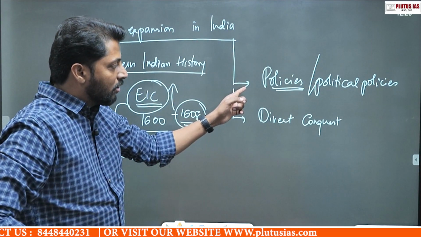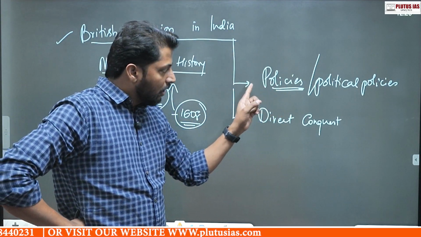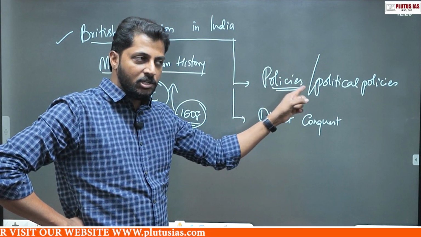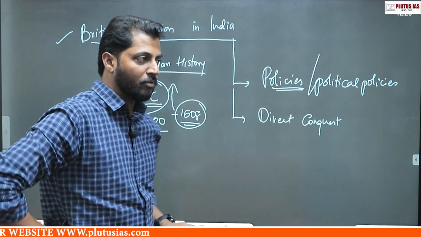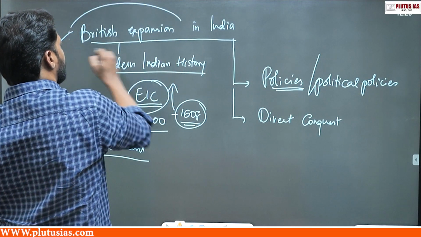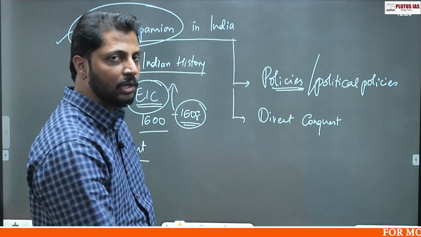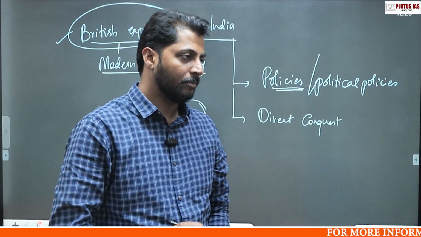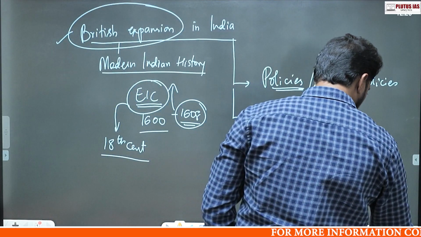So how did they get control over Indian territories? Either through policies or through direct conquest. That's what we discuss in this topic as British political expansion in India. So let us see that.